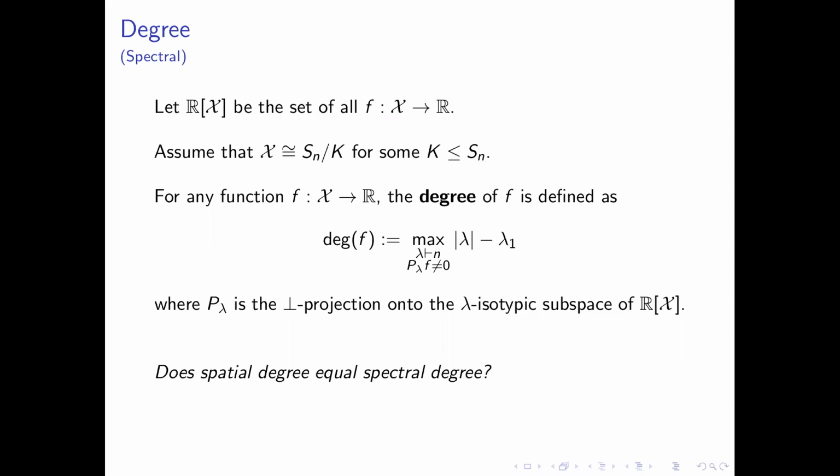What's not at all clear is, okay, I have this definition of degree that's spatial, which involved these indicator functions, and I have this spectral degree. So why would they be equal? This is something that doesn't require proof really on the hypercube, but it does require proof in other domains.